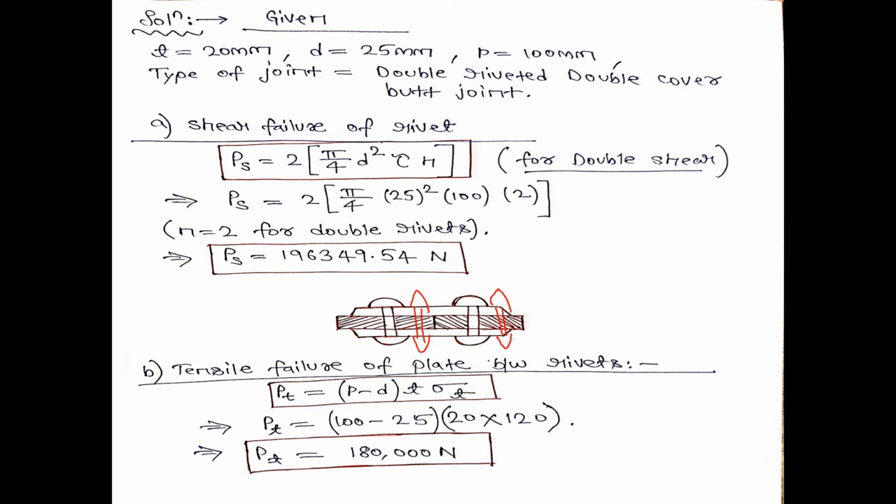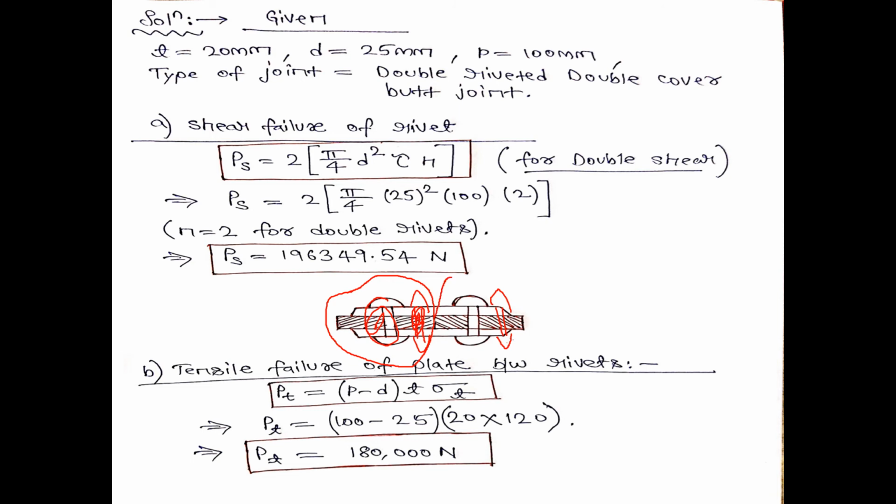So you can see that for this part, when plate A is connected with both the cover plates, shearing is occurring two times. First time shearing will occur over here and second time shearing will occur over here.